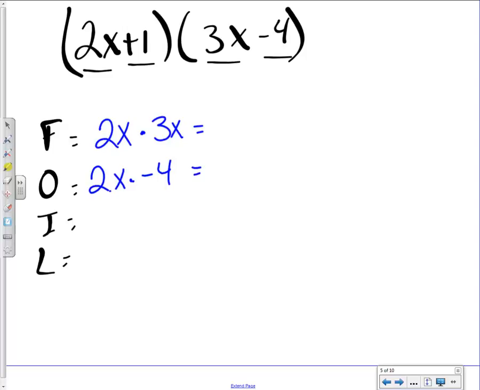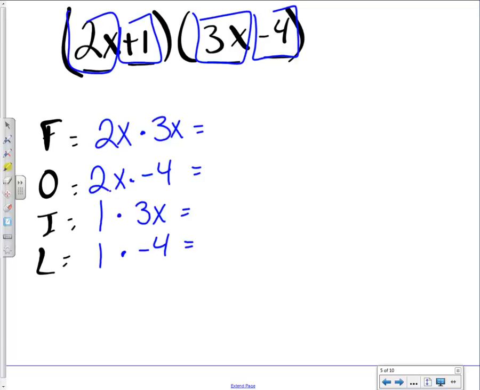My inside 2 terms are 1 times 3x. And my last 2 terms are 1 times a negative 4. The biggest mistake is that you do not take the sign that's in front of them. People forget about that negative on that 4. If you don't hang on to it, you will miss the problem.